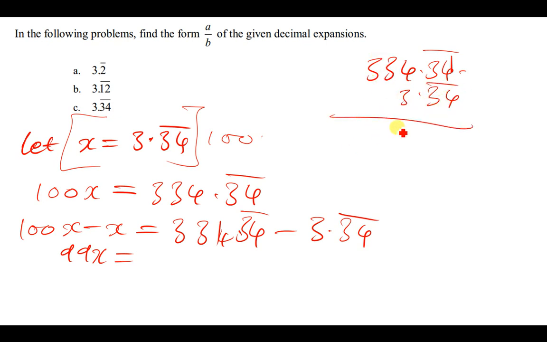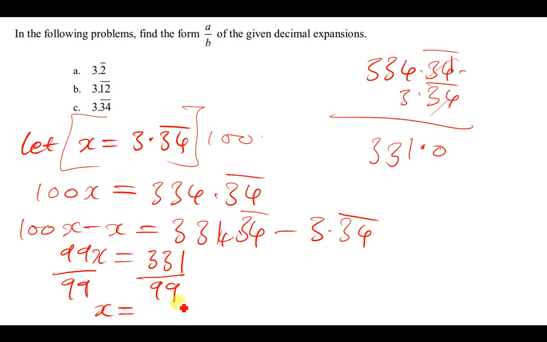So we have 4 minus 4 gives us 0, 4 minus 3 gives us 1, then we have 3, we have 3, so 331 over 99. So the value of x becomes 331 over 99. Yeah, so the answer is simply just 331 over 99.